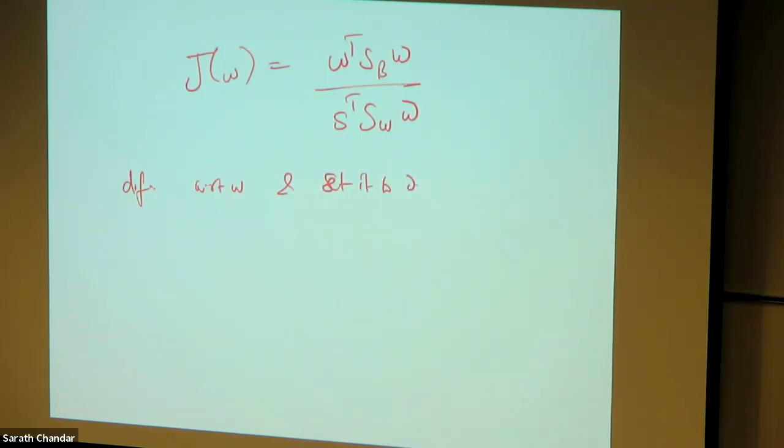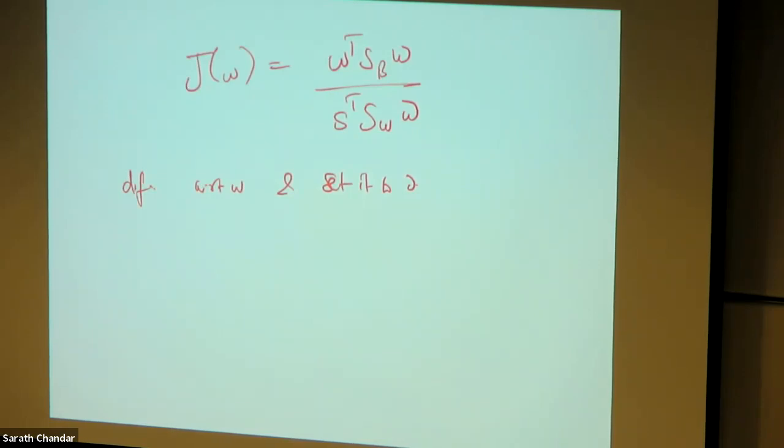So we are differentiating with respect to w. This is U by V, right? What is the differentiation formula for U by V? Basic calculus.